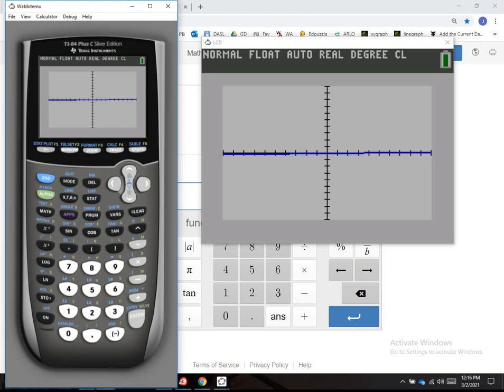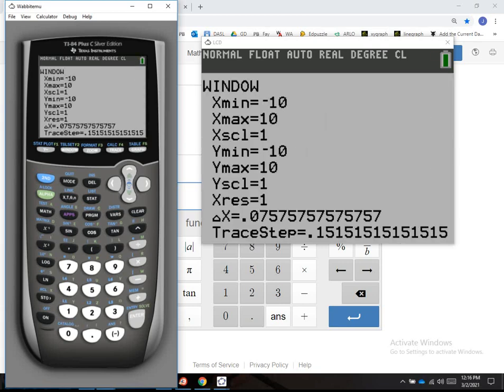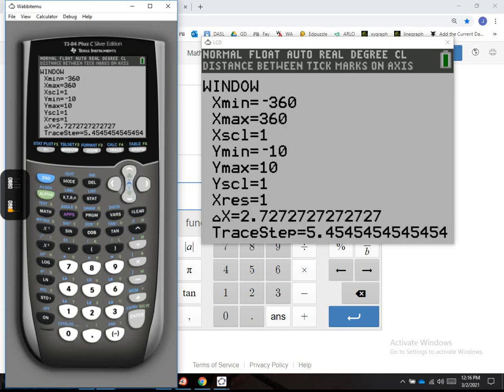So I'm going to change my window here real quick, and I'm going to go from negative 360 to positive 360. I want my x scale to go by, we'll just go by 50s. This needs to be between negative 2 and positive 2, that's fine.